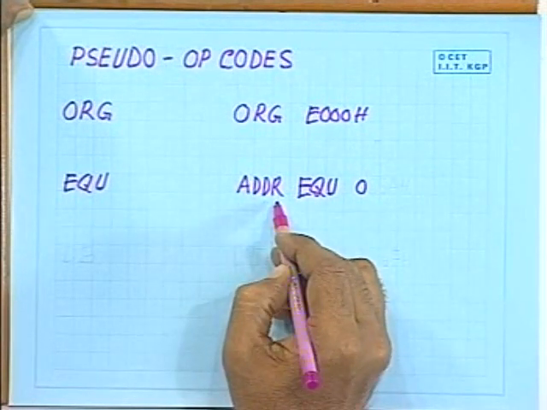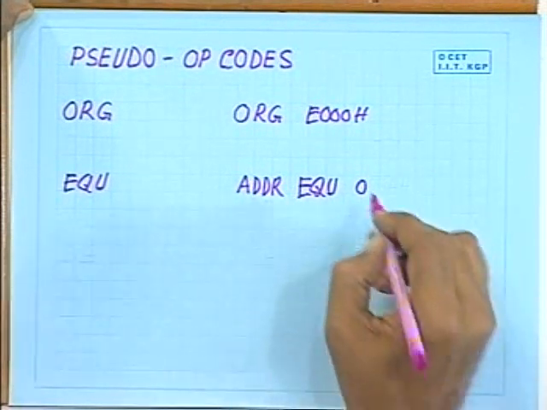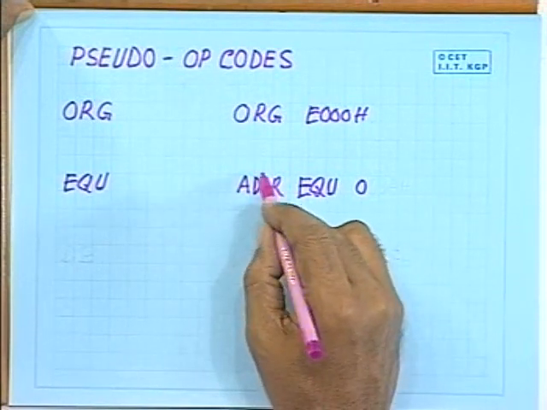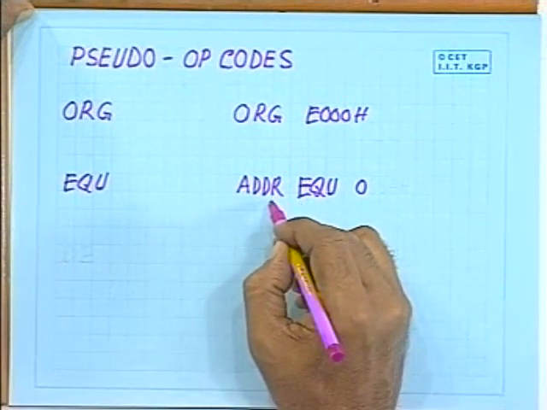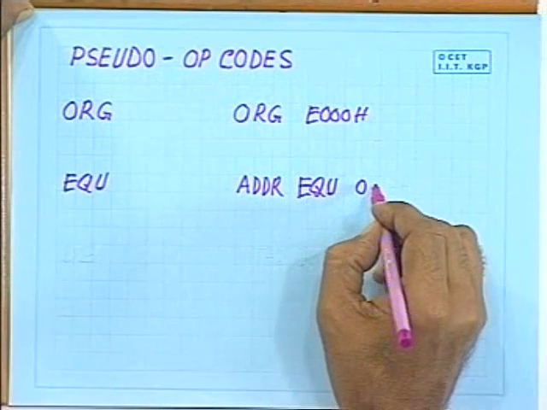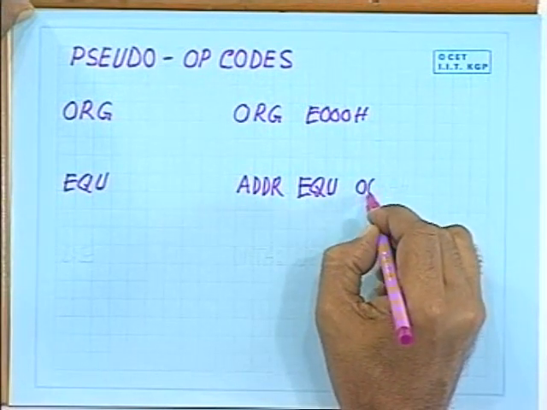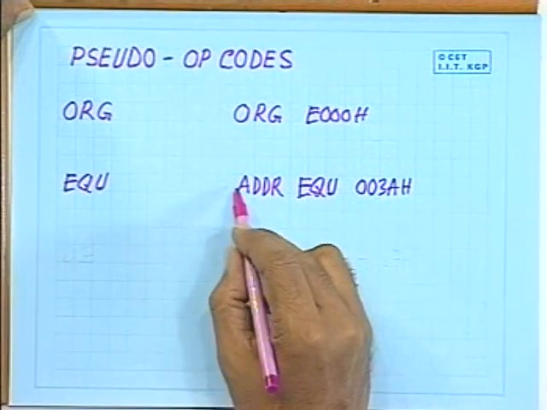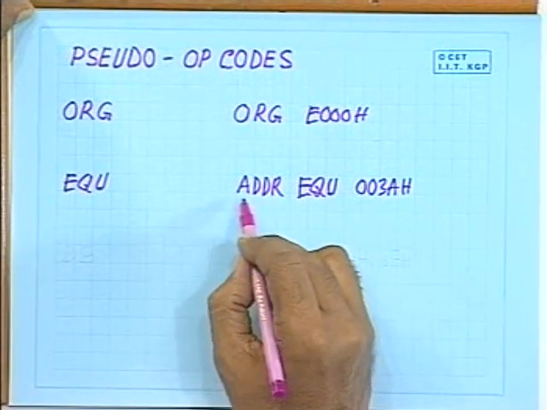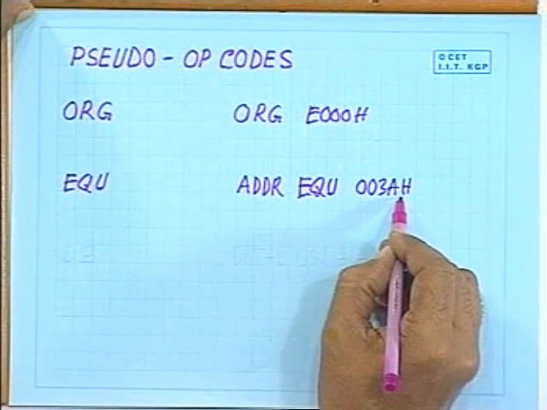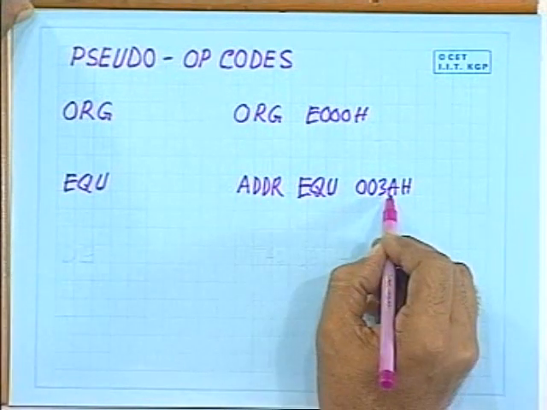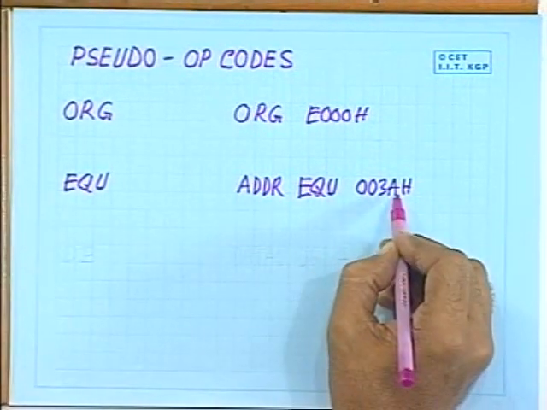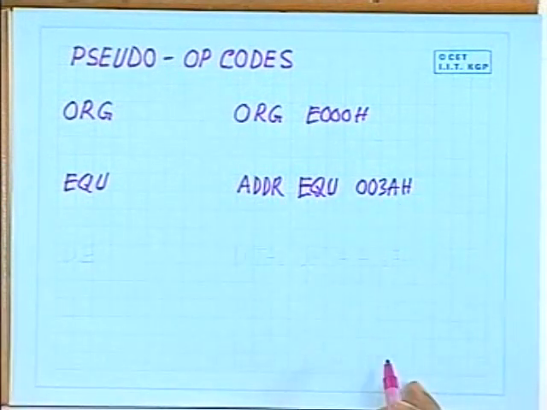It can be a symbolic name for an address or for data which you want to make equal to some value, and that value you have to specify. For example, this is an address, and the value of that address is 003A. With the help of this pseudo instruction that can be specified to the assembler.